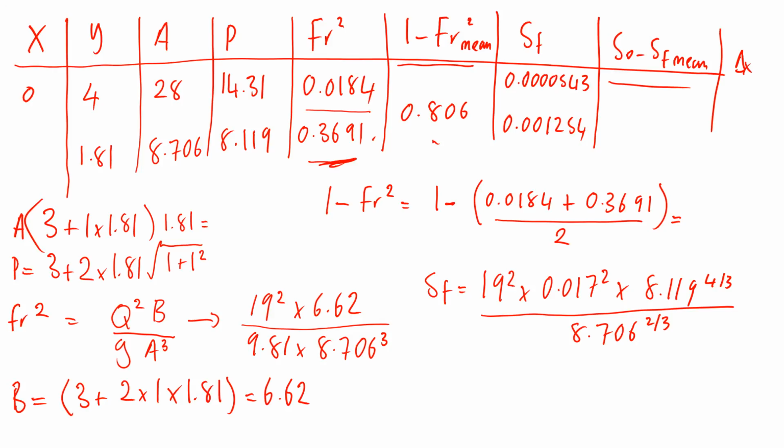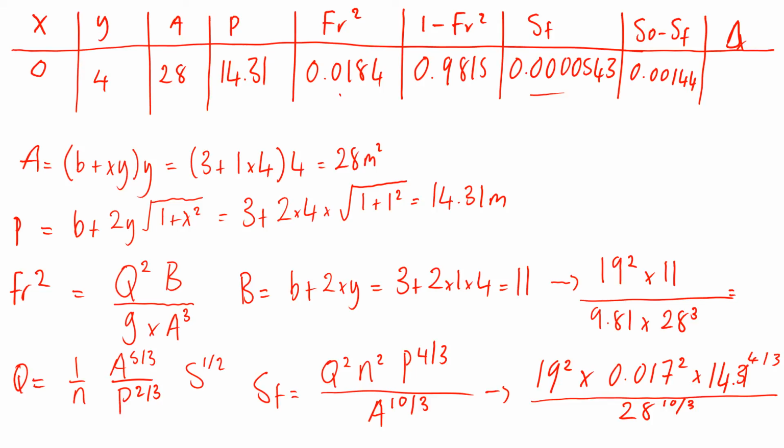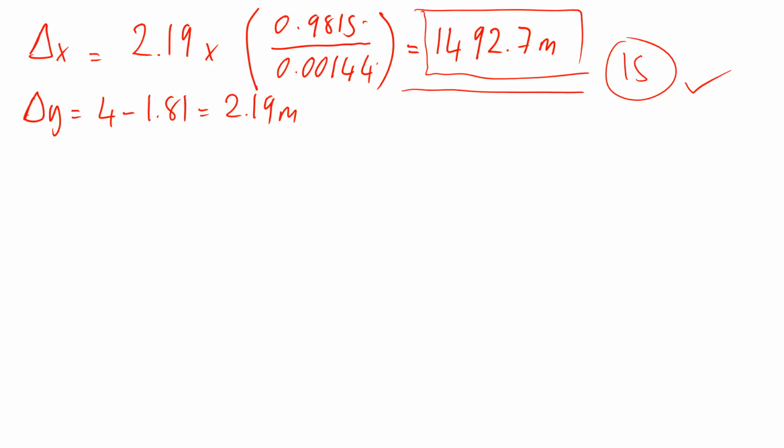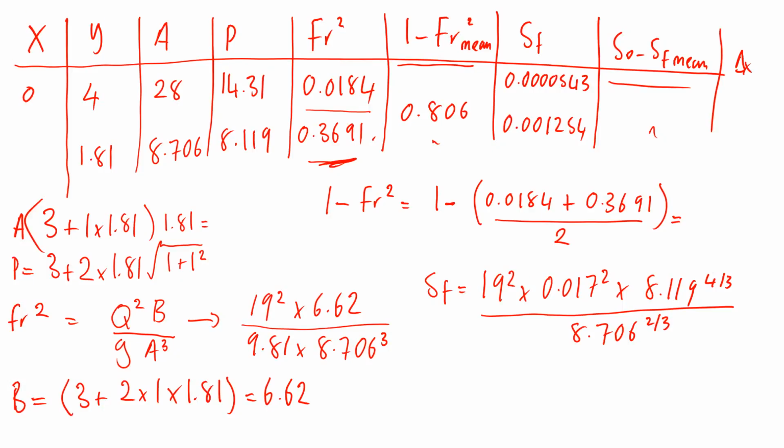And now for this column, you're going to take the mean. So you're going to do S0, which is 0.0015. S0 minus S of f equals, so you're going to do 0.00.